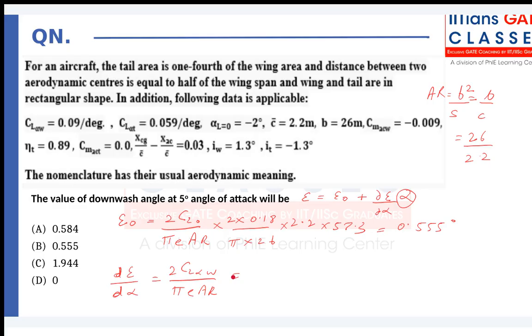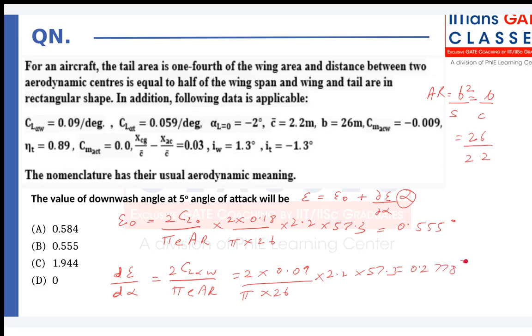Here you have 2 into 0.09, and then you have pi, aspect ratio is 26 by 2.2, and again we multiply it by 57.3, and you get 0.2778 degrees.